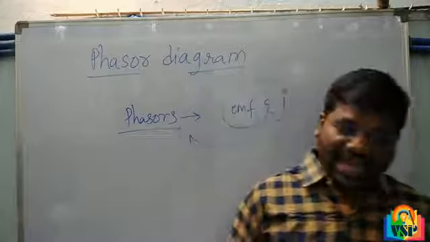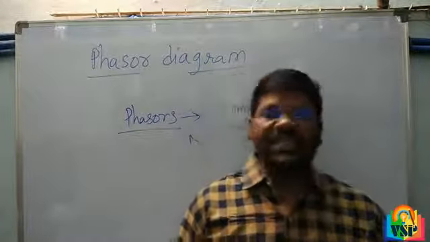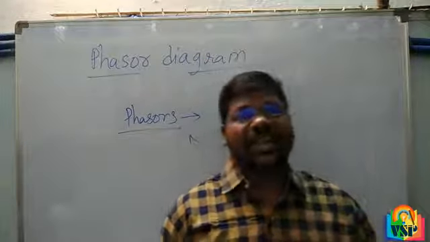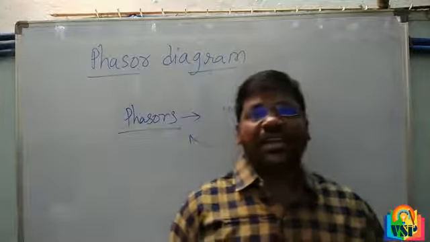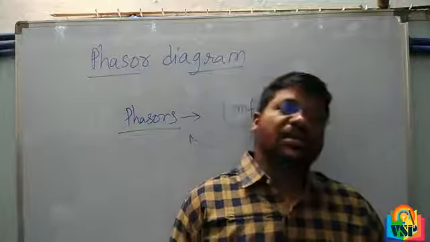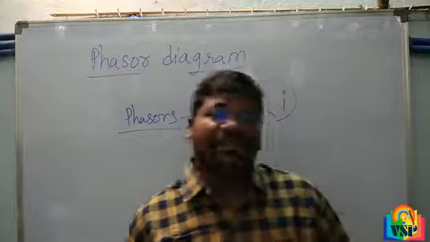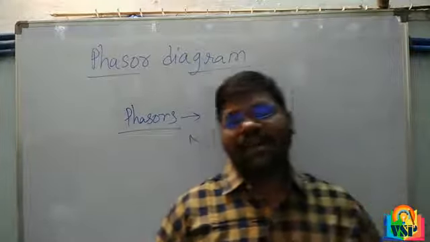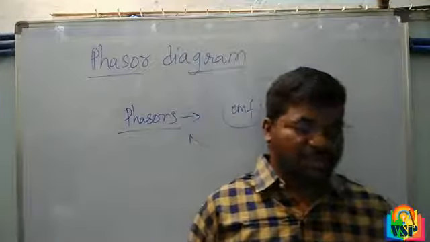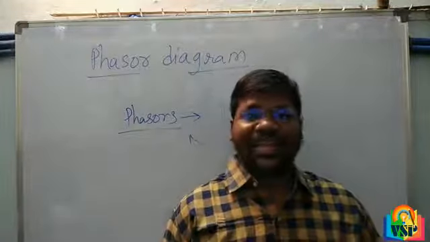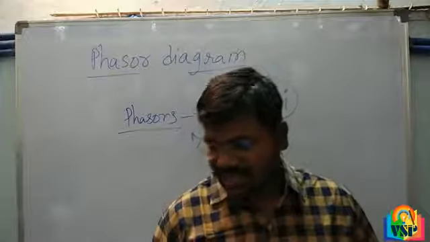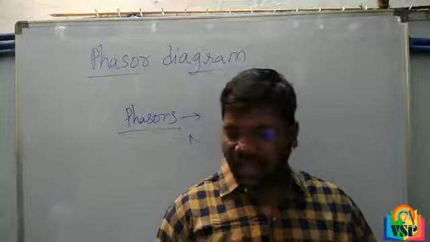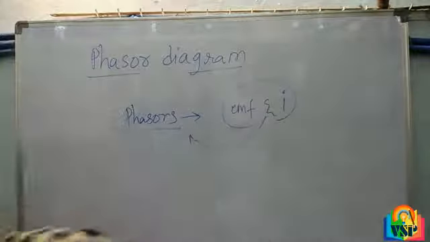The length of the vector represents the peak or maximum value of EMF or current.